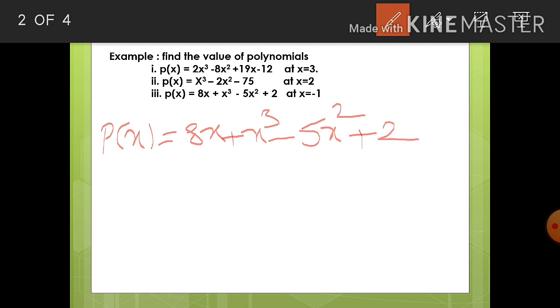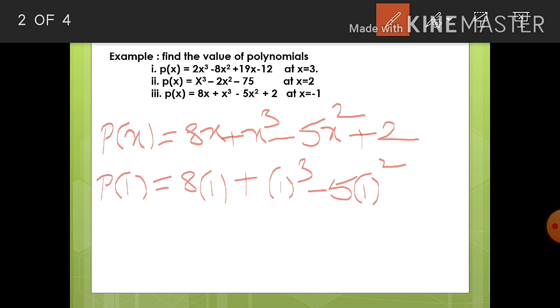Now we have to find out the value of this polynomial at x equal to 1. P of 1 equal to 8 into 1 plus 1 cube minus 5 into 1 square plus 2.